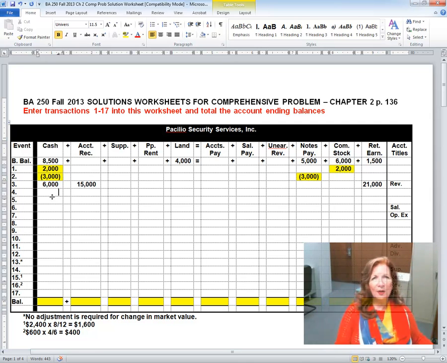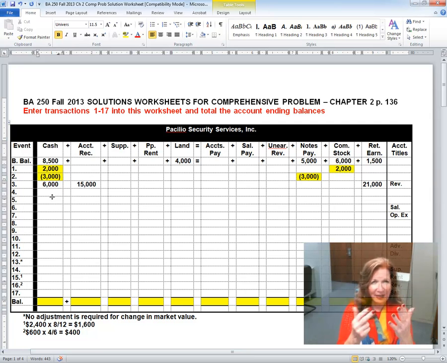Now, if it's $2,400 for 12 months, it's $200 a month. Now, the question becomes, how many months did we use it? Well, we had it May, June, July, August, September, October, November, and December. So we used it for 8 months.